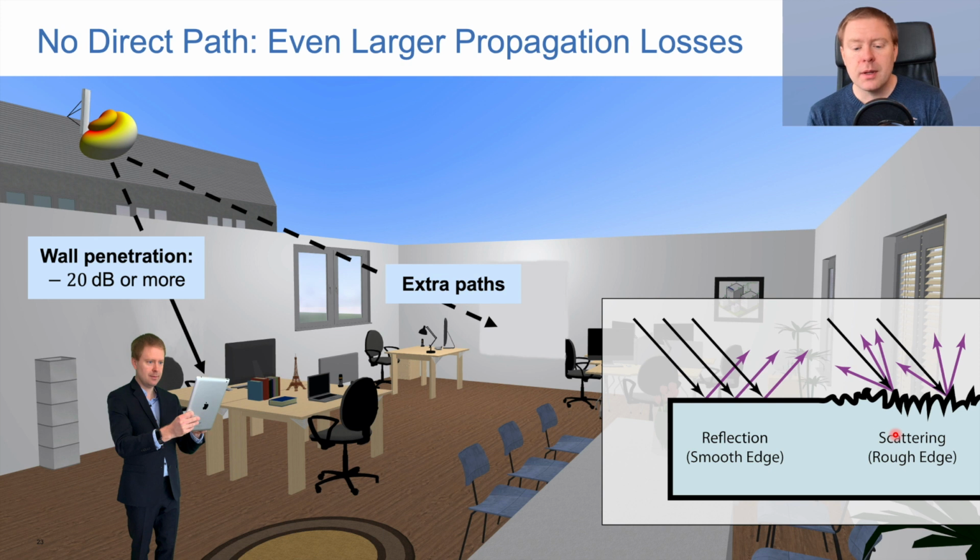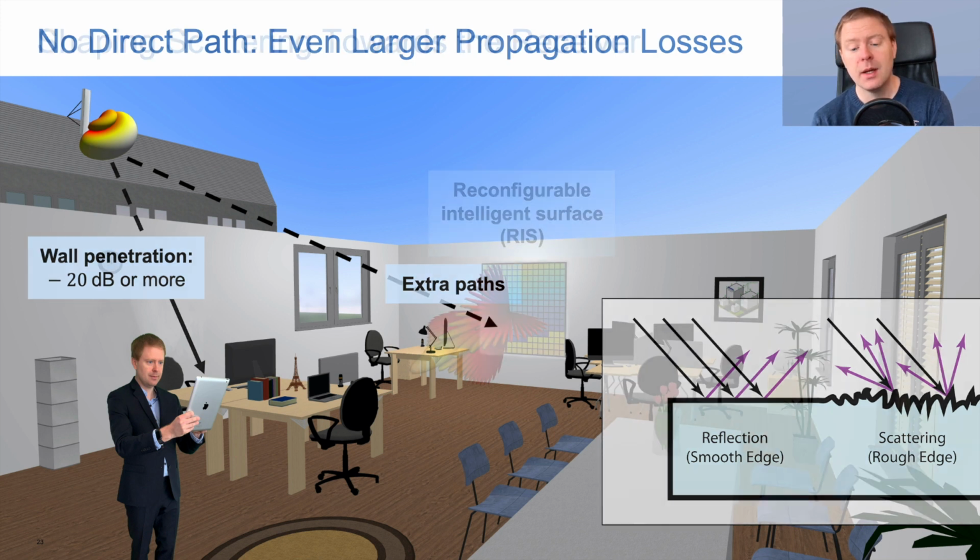So the problem here would then be that even if this is a smooth surface, what will happen is that the signal will probably be reflected towards the right part of the room. And if it's a scattering, it will spread out over the entire room, but the part of it that will reach me as a user will not be very large. So maybe the direct path through the wall will still be stronger.